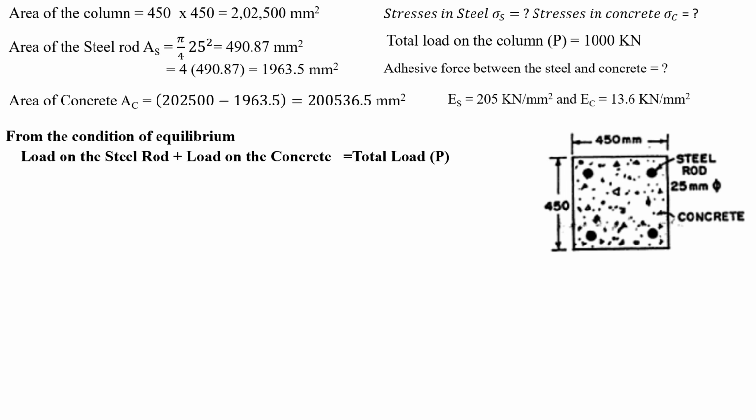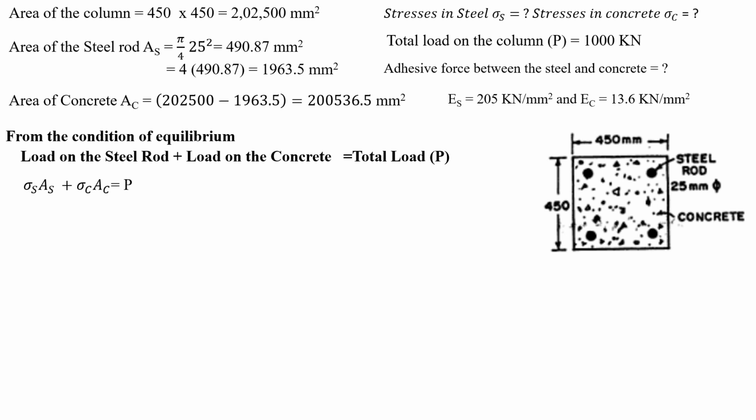It is stated that the total load on the column equals the load on the steel rod plus the load on the concrete. We know the relationship between load and stress: load equals stress into cross sectional area. Then the load on the steel rod becomes the stress in the steel rod, sigma s, into the cross sectional area of the steel rod, AS.